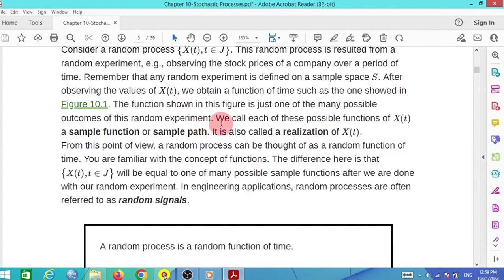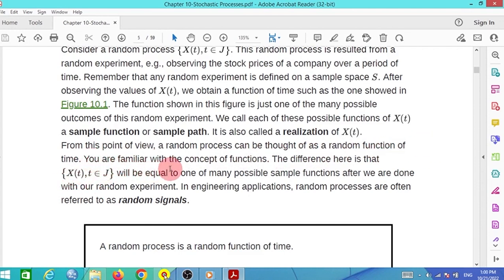Okay, we call each of these possible functions of x(t) a sample function or sample path. It is also called a realization, the value that we see of x at t. From this point of view, a random process can be thought of as a random function of time.